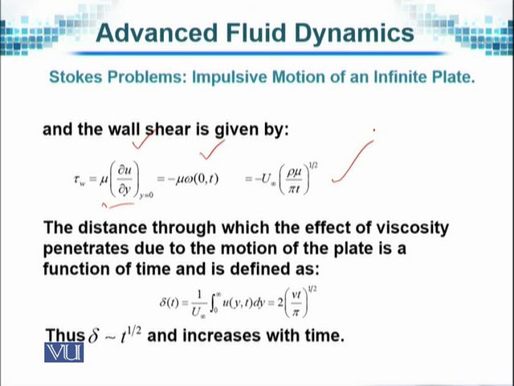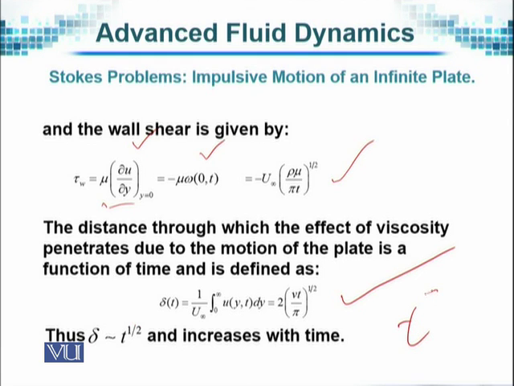Then the distance through which the effect of viscosity penetrates due to the motion of the plate is a function of time, and it is defined by this equation for delta. We can see that delta is of the order of t to the power half, that is, it varies as root time.